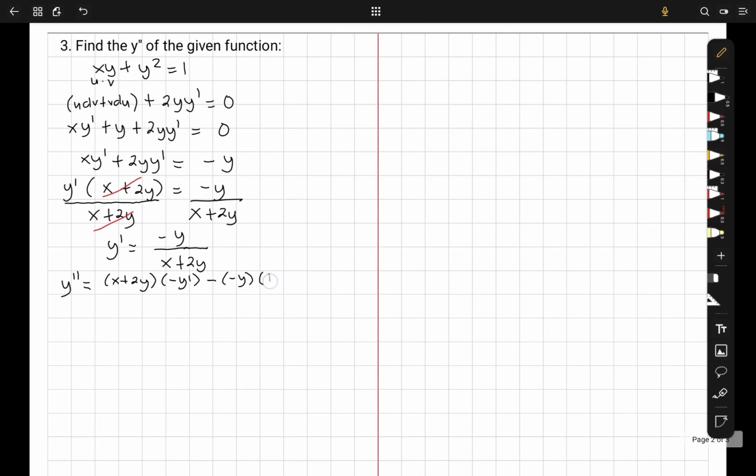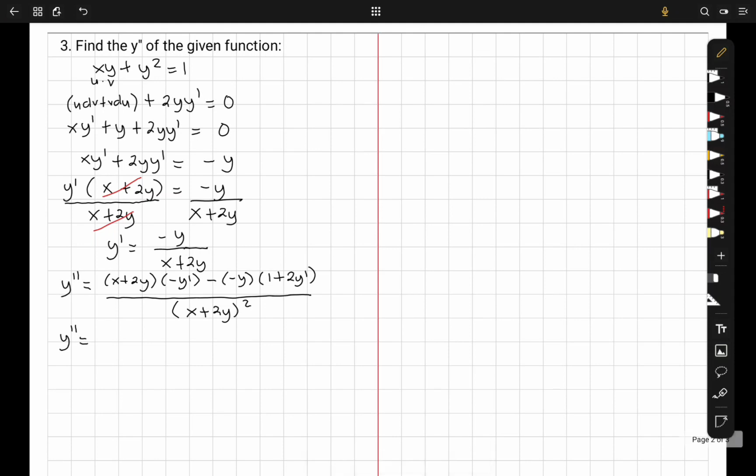All over natin, syempre sa ating low squared, x plus 2y raised to 2.